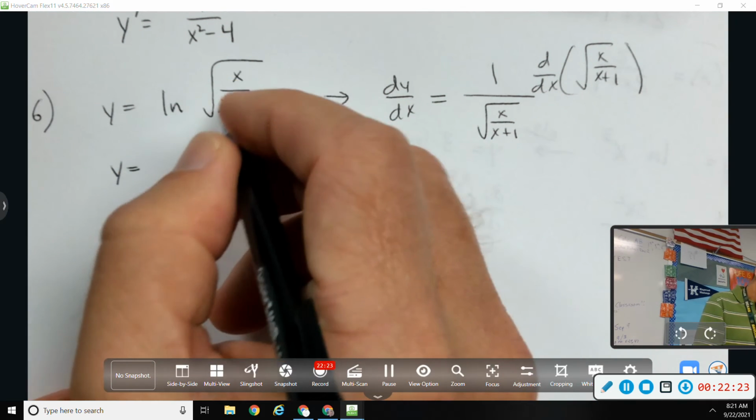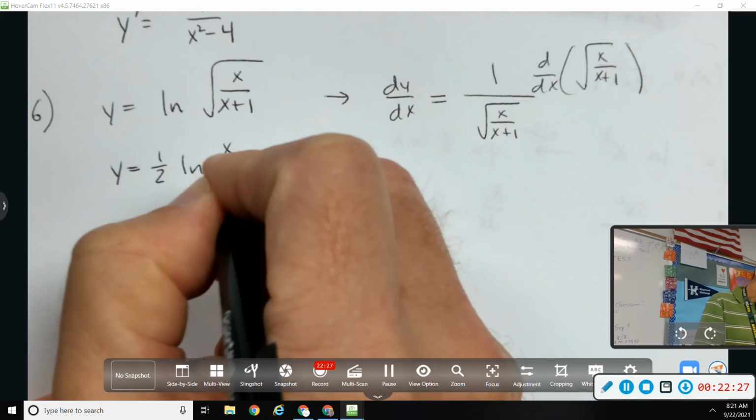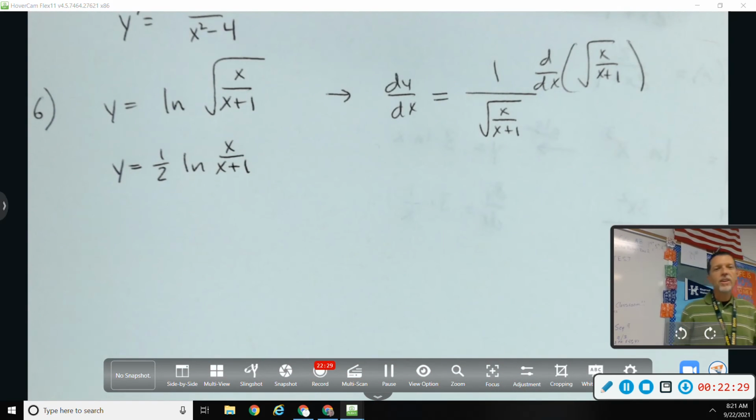Probably the first thing I do is, since it's the same as last time, I know that 1/2 can come out front. What else could I do? That makes it a little easier. One more thing I could do: I can split these up.